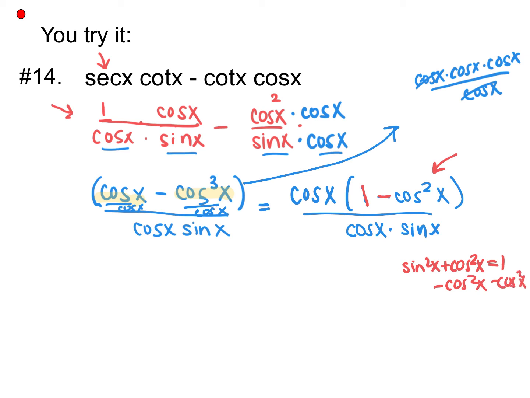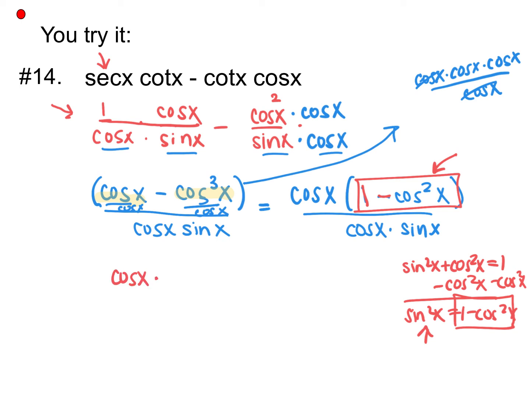Just subtract that cosine squared from both sides. And when I do that, I now have this right here, the same as this right here, so I can replace it with this. So I have a cosine of x times the sine squared of x. And on the bottom here, I have a cosine of x times the sine of x.